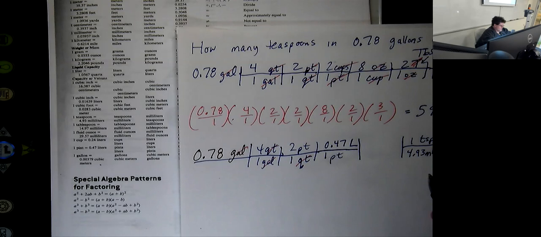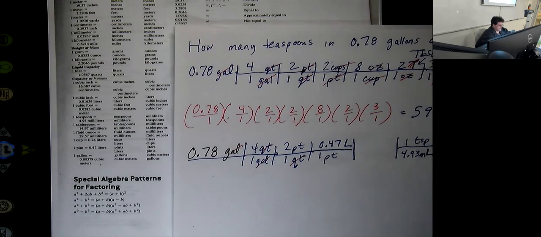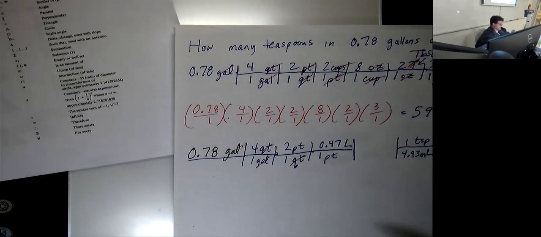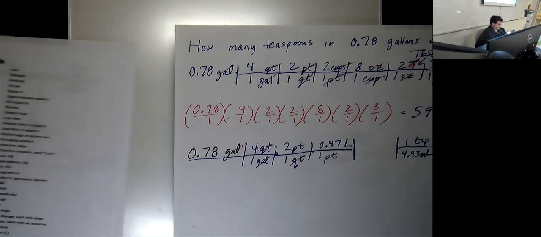I have liters. So we need to talk about the metric system. Is it 100 or 1,000? It's 1,000. Milli is 1,000.